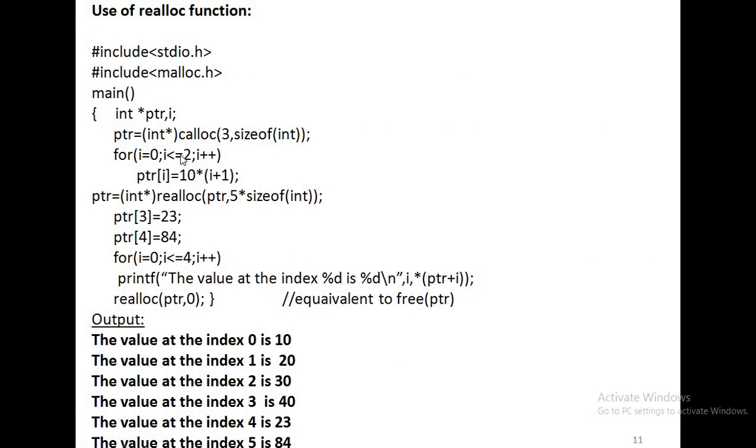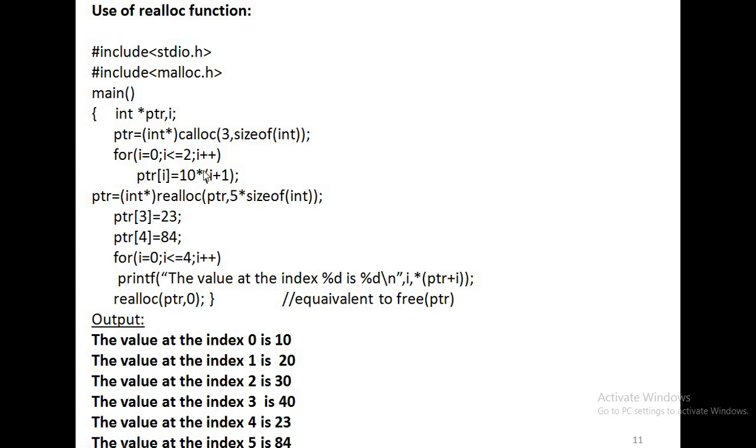An example of the same: first, the calloc function is utilized for a particular size, and an array has been created using all these values. Then realloc has been used for the same ptr pointer to the start of the array, and 2 more values are being added here.